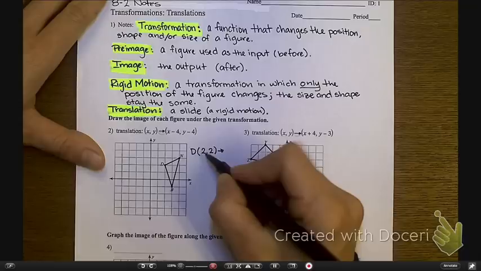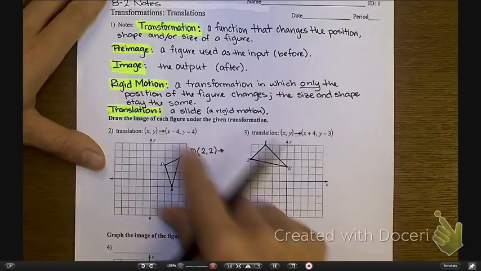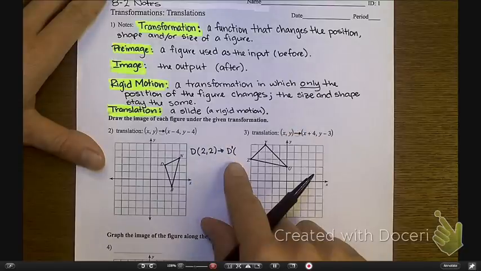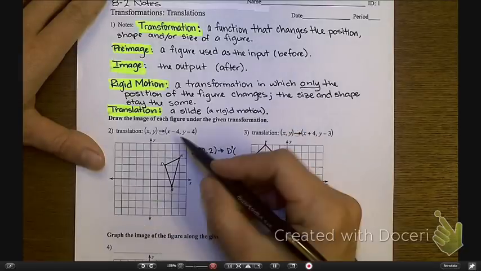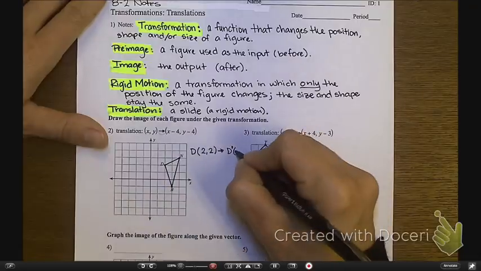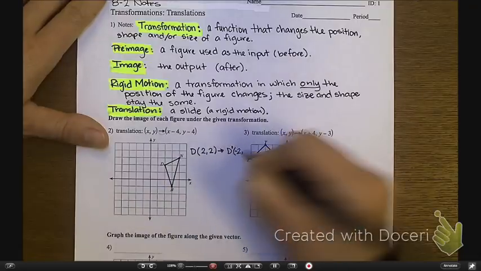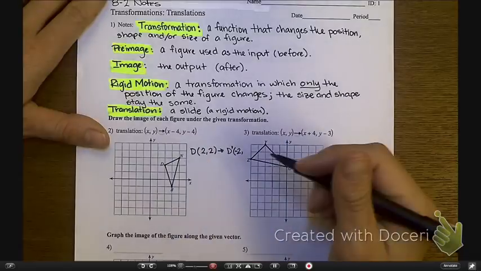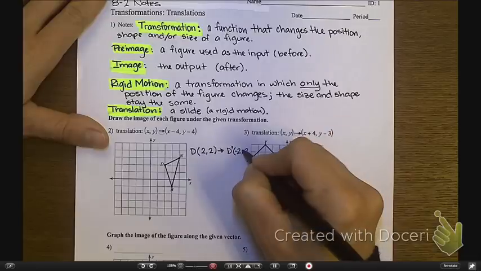My new point, which I'll call D prime because it's the image, no longer the pre-image, would be 2 take away 4, which gives me negative 2, and 2 take away 4 also gives me negative 2 for my new y value.